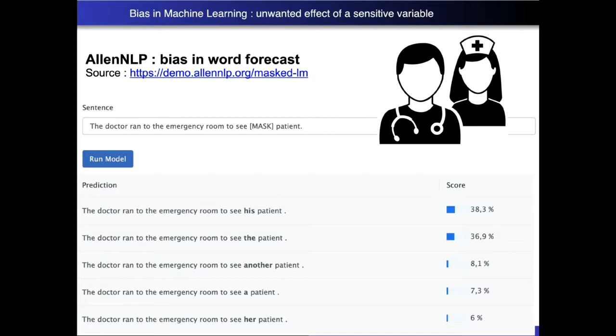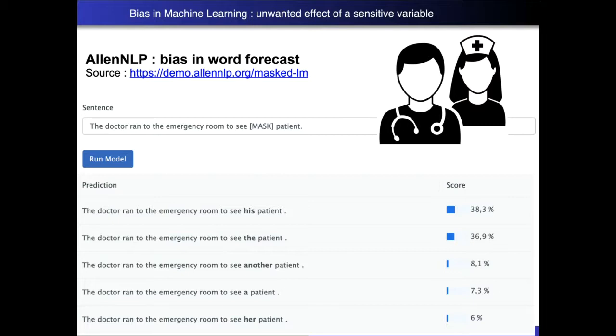So, for instance, if you look at natural language processing, you can make the experiment by clicking on the link. You can do it by yourself. You take a sentence: a doctor ran to the emergency room to see, and here you put a mask.